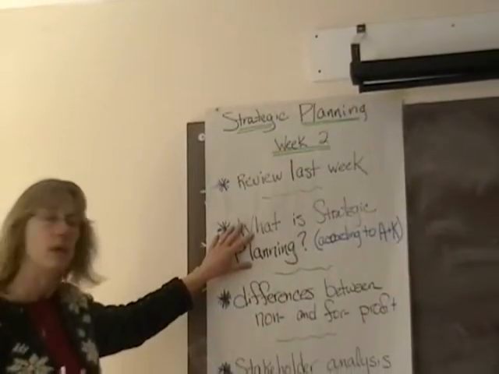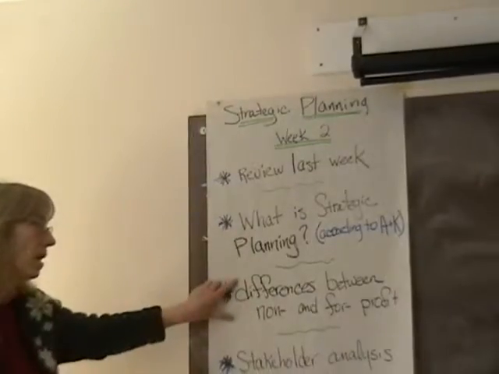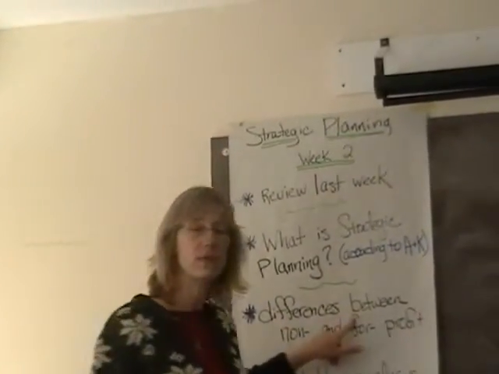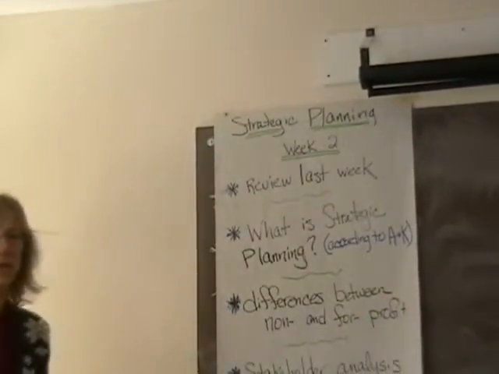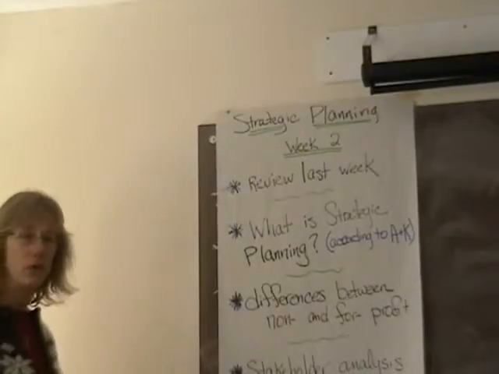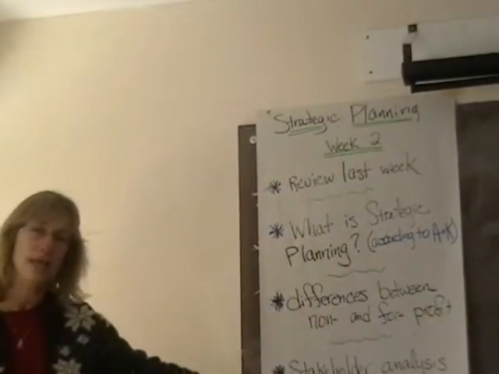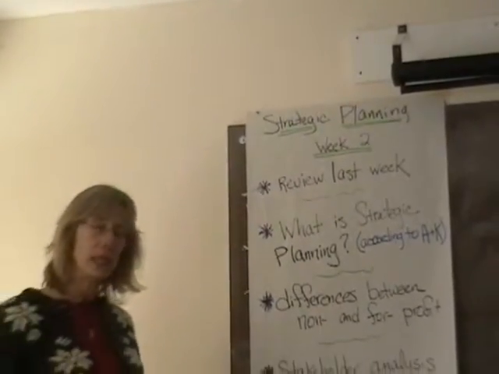And then when we do our other 2 videotape sessions, we'll talk about some of the differences between nonprofits and for-profits as they impact the strategic planning process, which was also one of your readings. And then the last thing that we would have finished up with is stakeholder analysis. Who are our stakeholders?